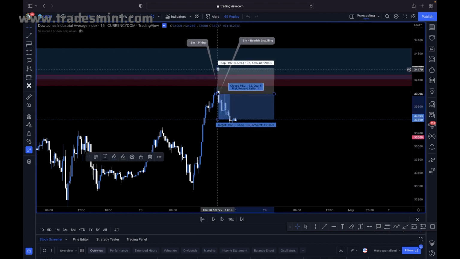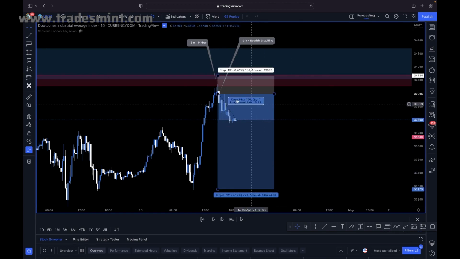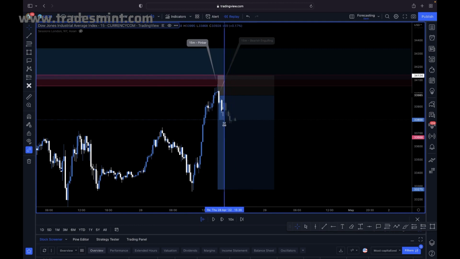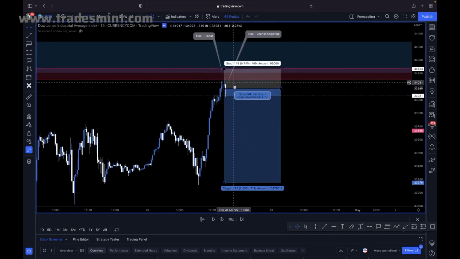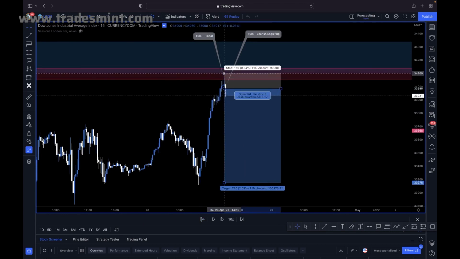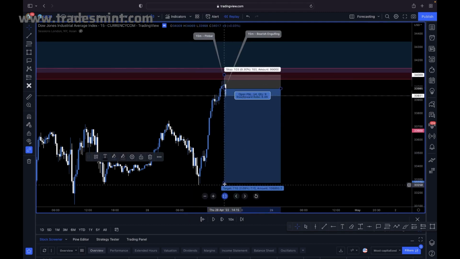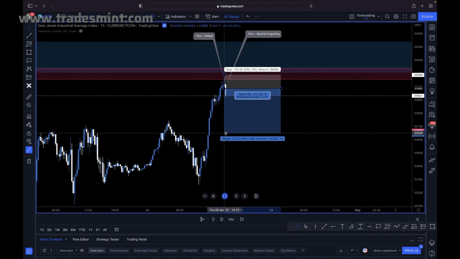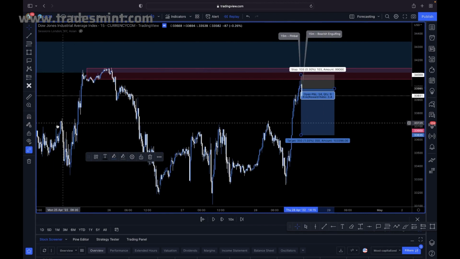So what I'm going to do is, this is a 1 to 5 here. I'm going to rewind it a little bit more because I want to tell myself that once I see this formed here, then with my stop loss above the candle up there, I have a 1 to 6, which is really good because I could exit out of here and have a 1 to 3 at this zone.